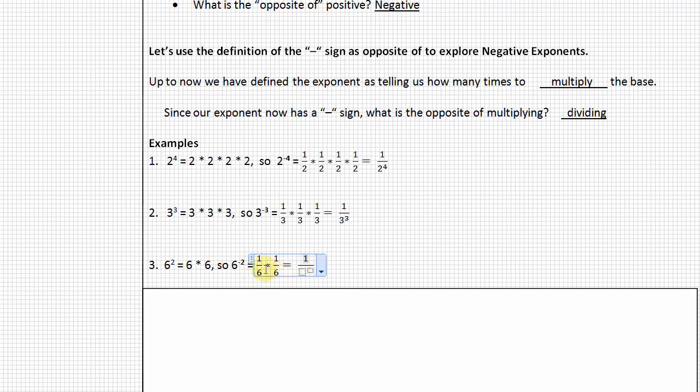And then we're still repeatedly multiplying this 6, so 6 is our base number in the denominator, and we're multiplying it 2 times. So 6 to the negative second power simplifies to be 1 over 6 to the second power.